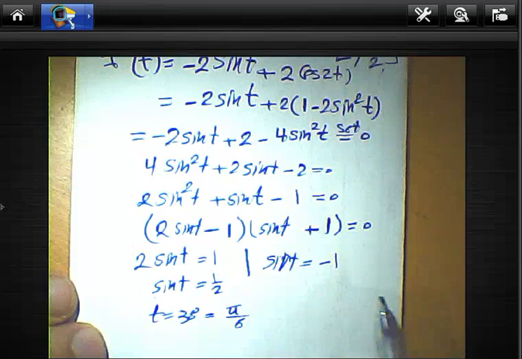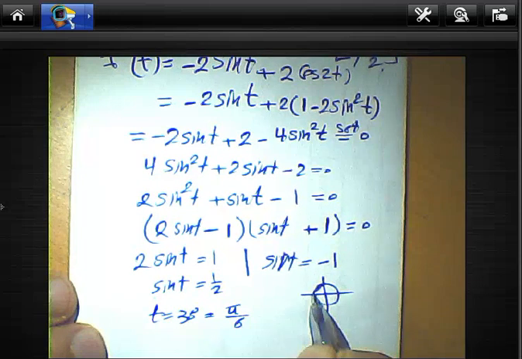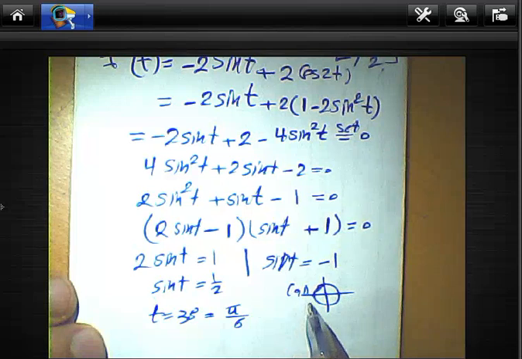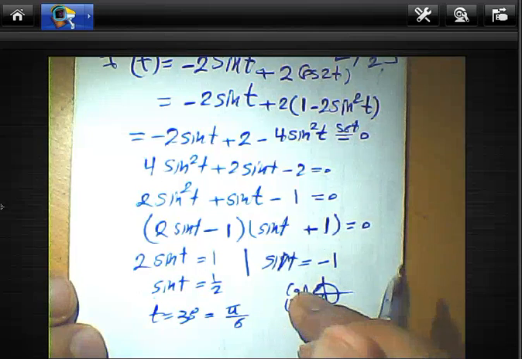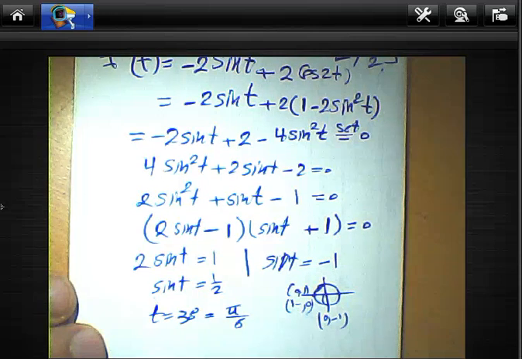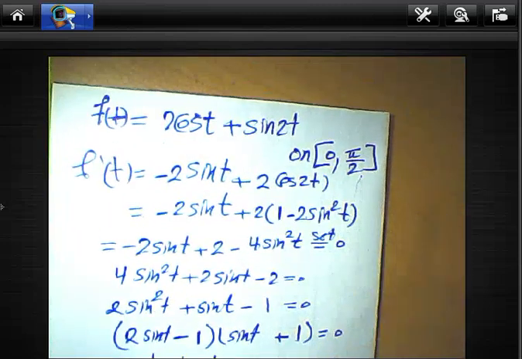We know from the unit circle, sine equals negative 1 at 270 degrees, which is 3 pi over 2, not falling into the interval. So we discard it. Then we have the critical numbers pi over 6, and the endpoints 0 and pi over 2 only.